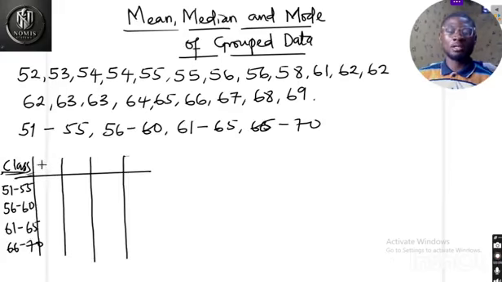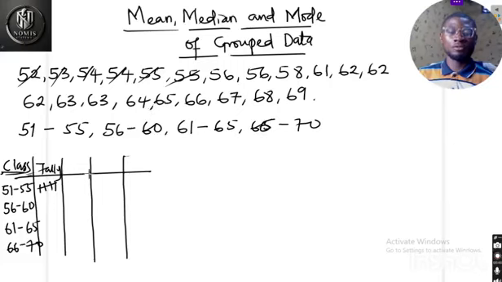So let's take our tally. Our tally is the number of the data given that fall within these classes. So let's take 52, that is 1, 53, that is 2, another one. 54 falls there, another one, 54 falls there. 55 falls there, yes, we can make it 5.